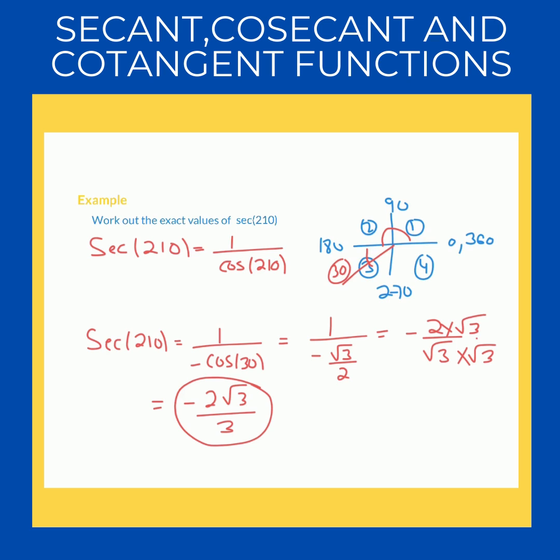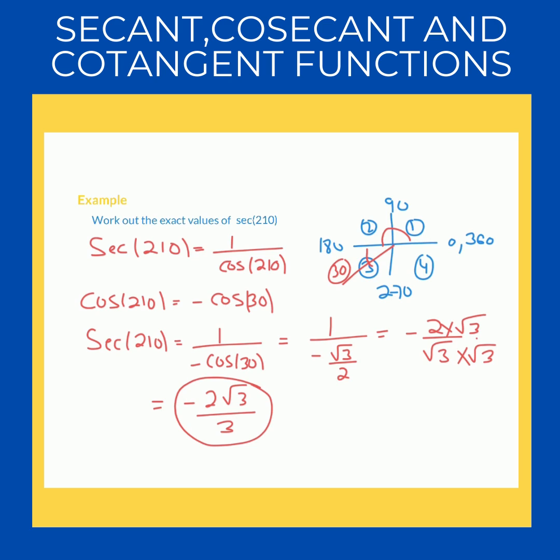So cosine of 210 is equal to negative cosine of 30. Why negative? Because simply it lies in the third quadrant. So cosine 210 is equal to negative cosine 30.